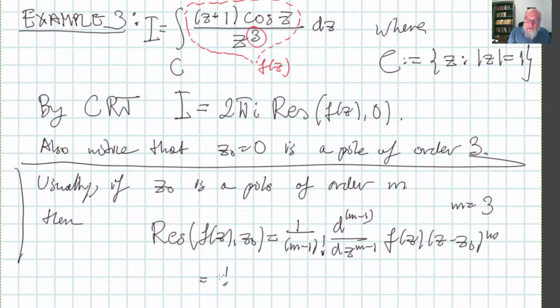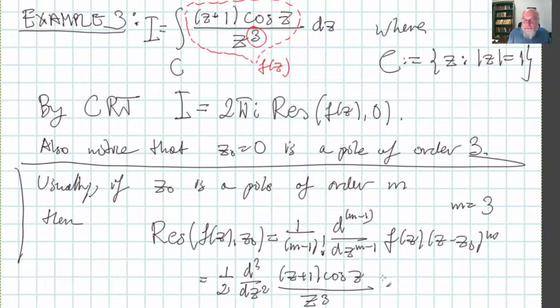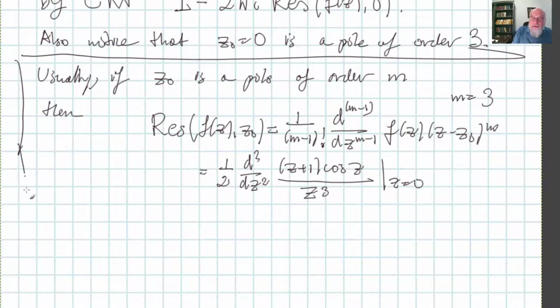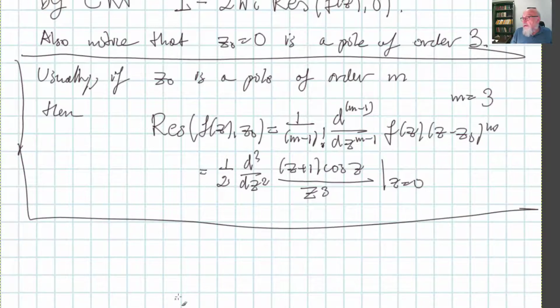So it will be just 1 over 2 times the second derivative d squared over dz squared of (z plus 1) cosine z divided by z cubed times z cubed, evaluated at z0. Of course, you compute the second derivative and evaluate at z0. That's the way to do it. But we will do it differently.